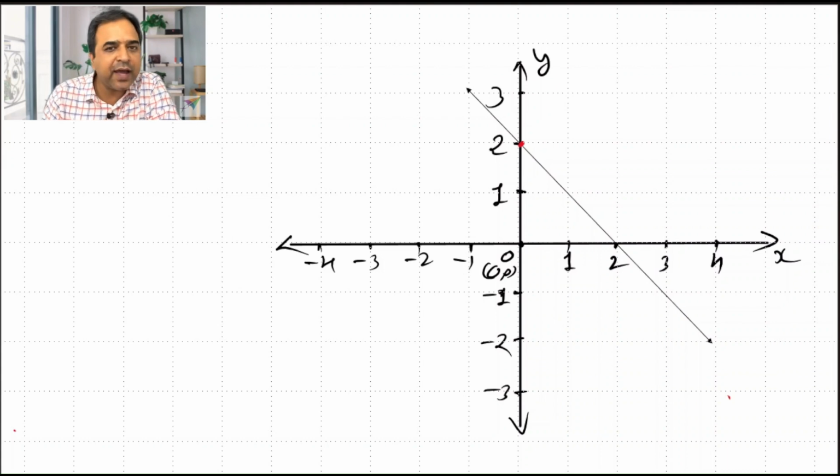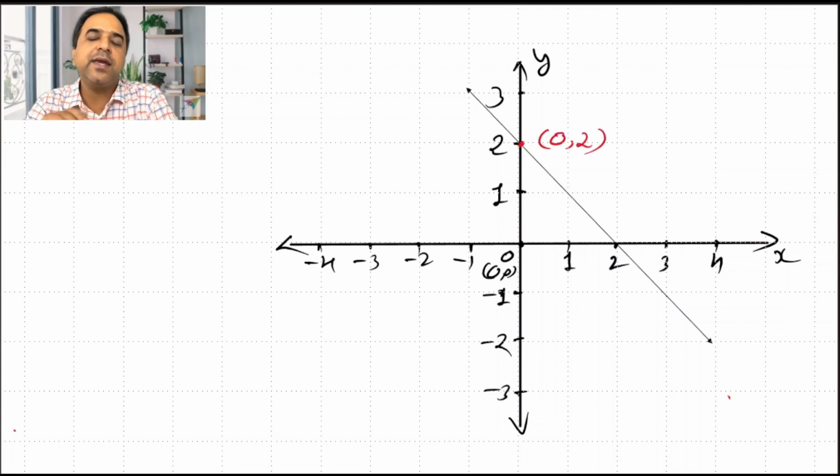If I have to find the gradient for this, you can select any of the points. Suppose this one has coordinates (0, 2). We need to remember one thing: any point which is lying on the y-axis, its x coordinate is going to remain 0, while any point which is lying on the x-axis, its y coordinate will be 0.